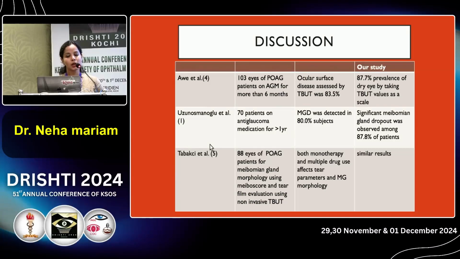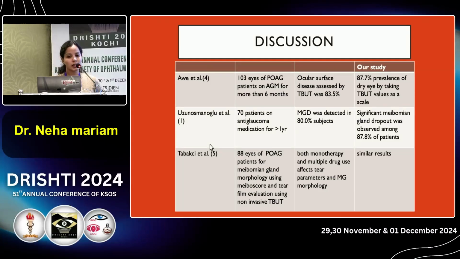In a study by Uzun Osmanoglu, 70 patients on anti-glaucoma medications for more than 1 year were studied, and MGD was detected in 80% of the patients. In my study, 87.8% of the patients had meibomian gland dropout.